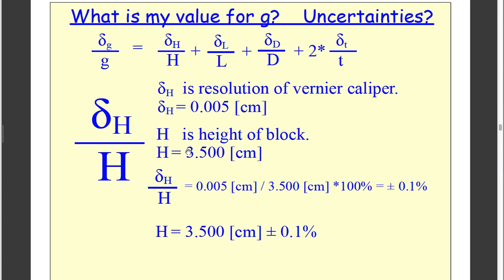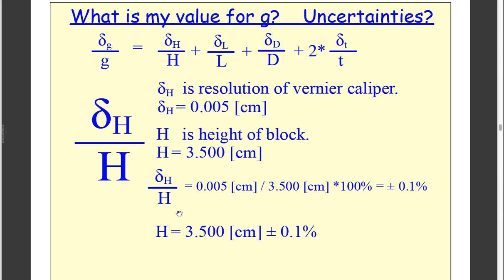Notice that I match the number of decimal places of my reporting of h with the uncertainty in h. The precision here needs to match the precision here. The uncertainty in h divided by h, I finally find that to be 0.1%. I multiply my ratio by 100%. And so I can state h is equal to 3.500 centimeters plus or minus 0.1%.